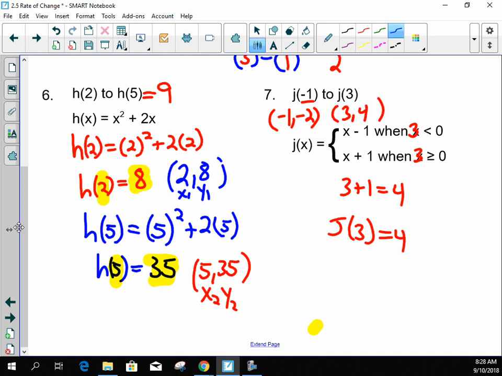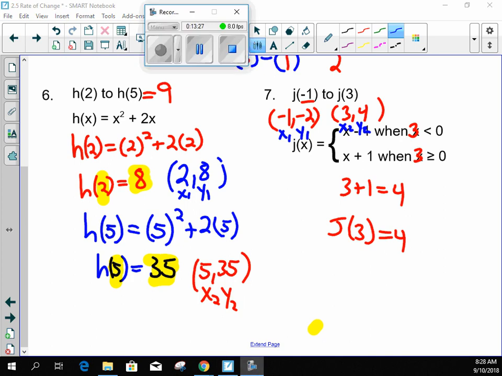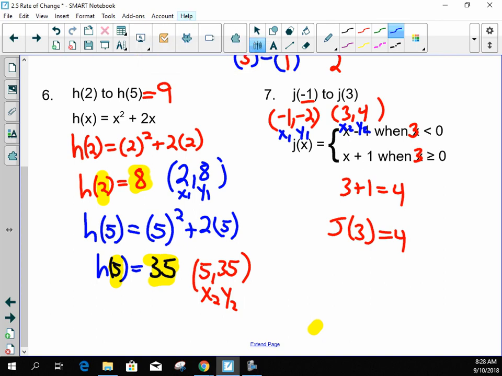So now I have my x1, my y1, my x2, my y2. And then I put it into the formula to find slope, y2 minus y1 over x2 minus x1. And I will get my answer. Okay, I was just informed that on your notes, this is +2.